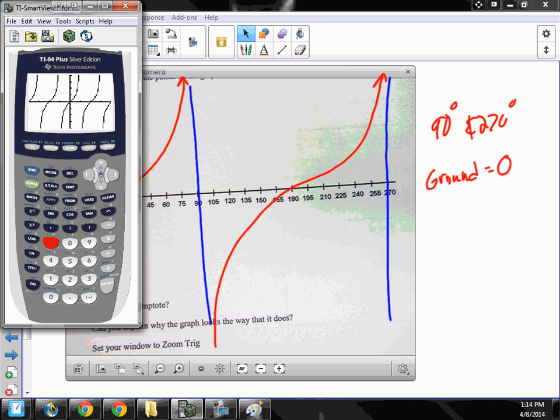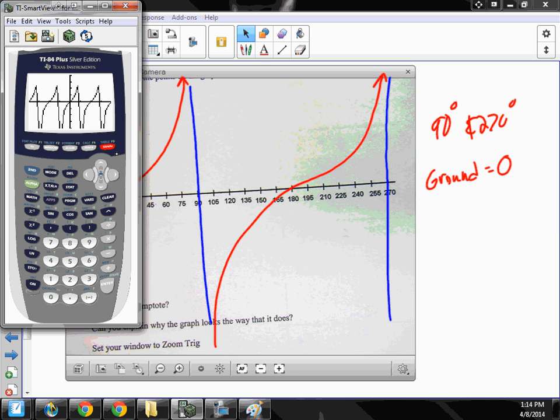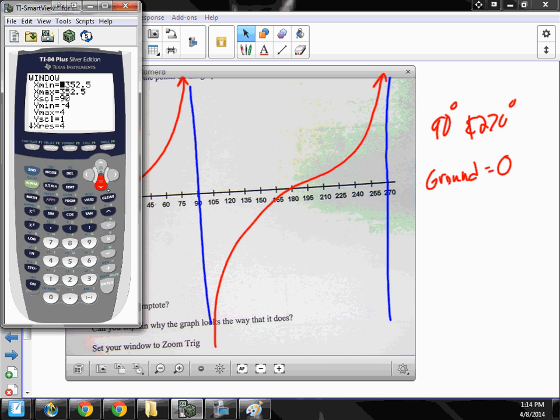Okay, so if you go into Window, down here at XRes, you can change the resolution, how fast you want it to graph. But if you speed up the graph, like level 4, then it won't be as clean, and sometimes the asymptotes show up. Well, you can go as high as level 8, but watch what happens if you graph it 8 times faster. It'll be really quick.